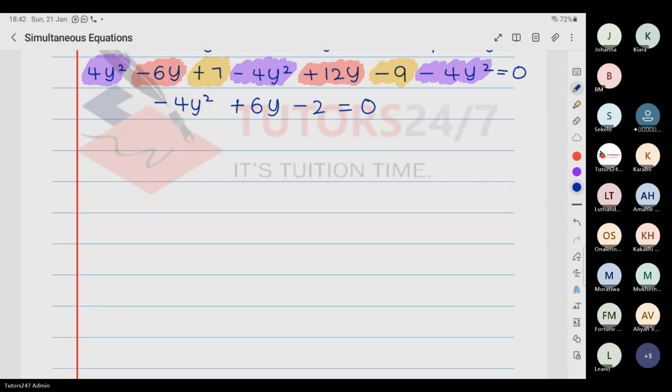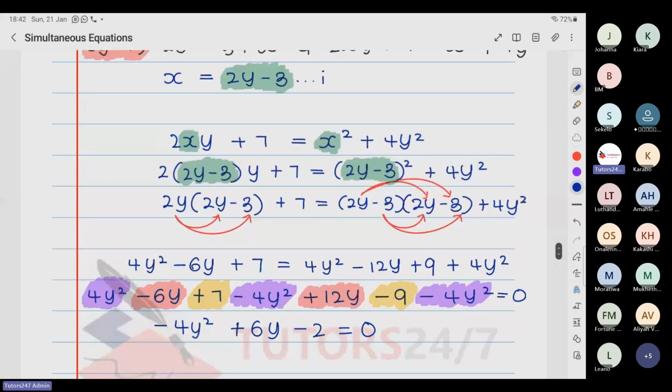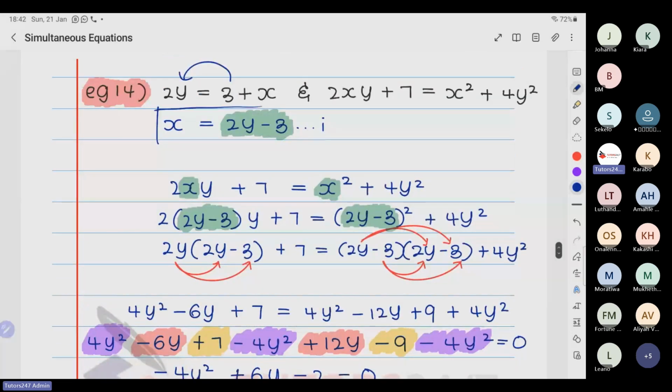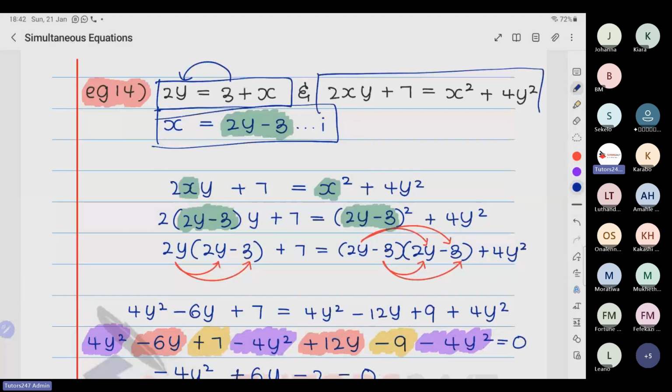Yes, sir. You could have substituted the value of y into this equation, or this equation. It doesn't matter. This one here is just the easiest because you already solved for x. You just plug y in and you'll get an answer for x. Does it make sense? Yes, sir. Thank you.